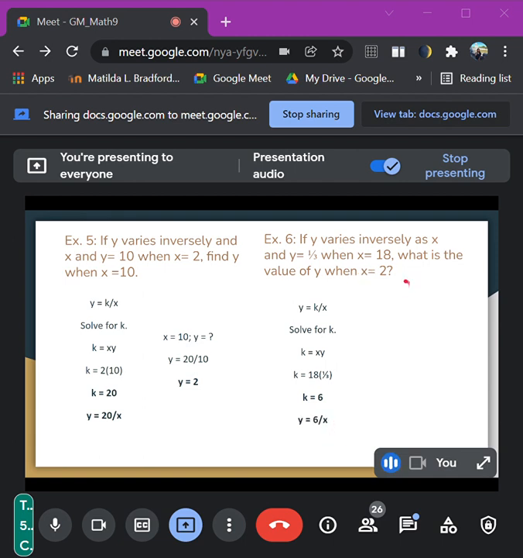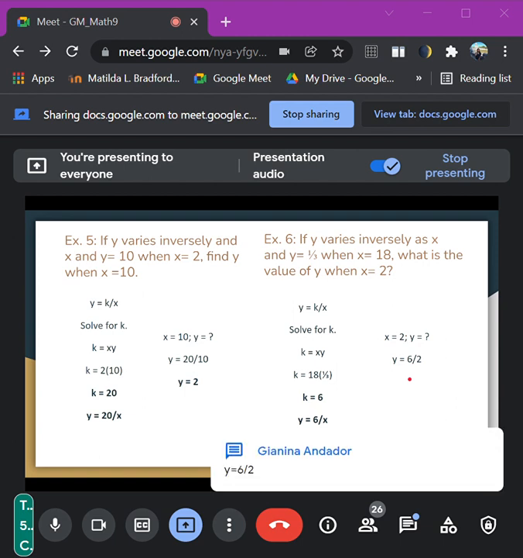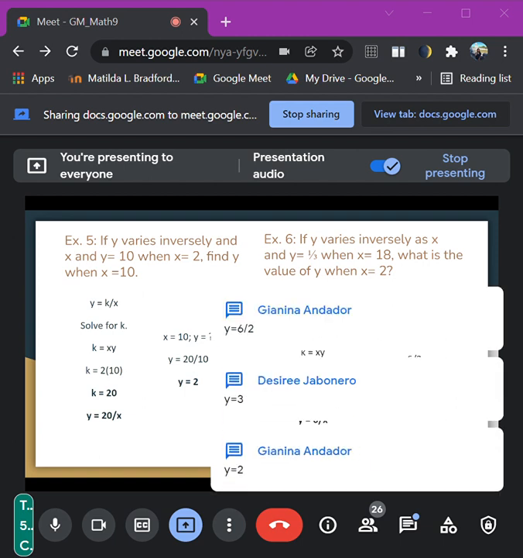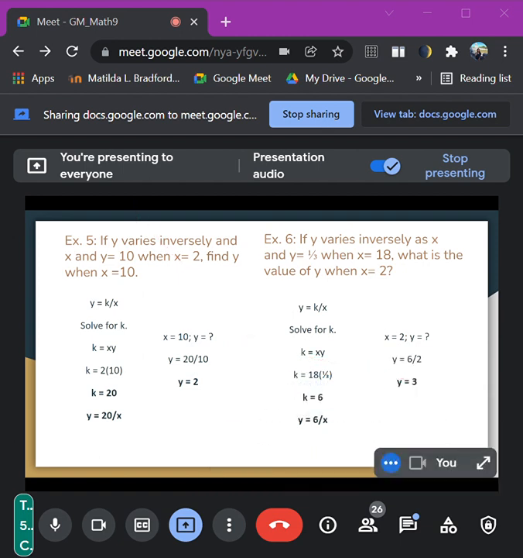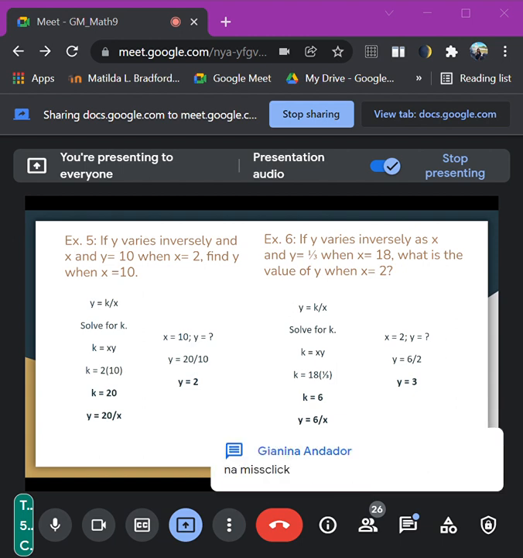Now, we find y when x is 2. So, substitute. y is equal to 6 over 2. What's the answer? That is 3. So, meaning to say, if your x is 2, your y is equal to 3. Understood? Good.